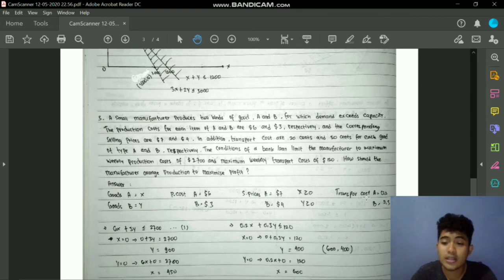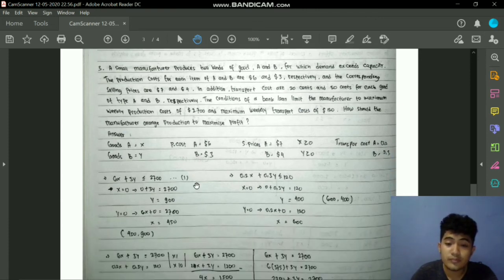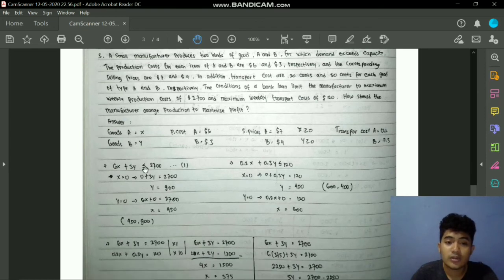And from the question we got transport cost A is 0.2 and B is 0.3. We got the first linear equation is 6x plus 3y less than or equal to 1700, and the second linear equation is 0.2x plus 0.3y less than or equal to 120.